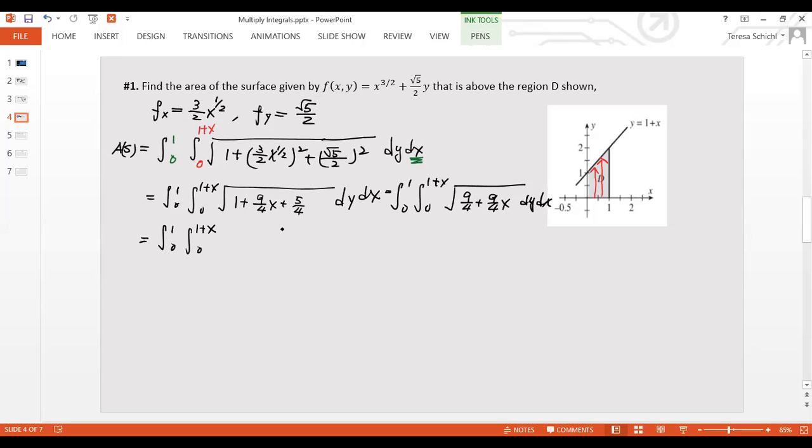It's not bad. I can factor the 9/4 out, and what I factor out is 3/2. What remains inside is 1 plus x, dy dx.